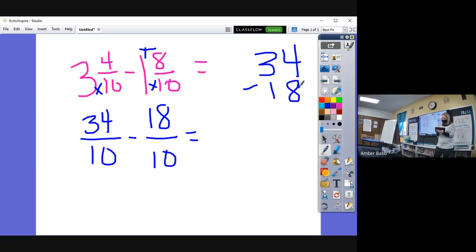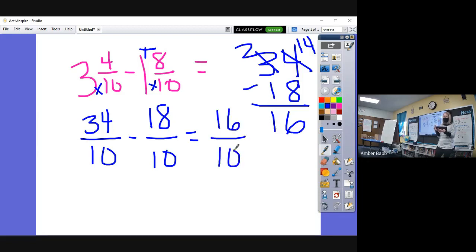So what is 34 minus 18? I don't know, but I can come over here and do this. Make this a 14, which is a 6. I borrowed from this guy. 2 minus 1 is 1, which gives me 16 over 10. Now, can I leave it like this? How many times does 10 go into 16? 1.